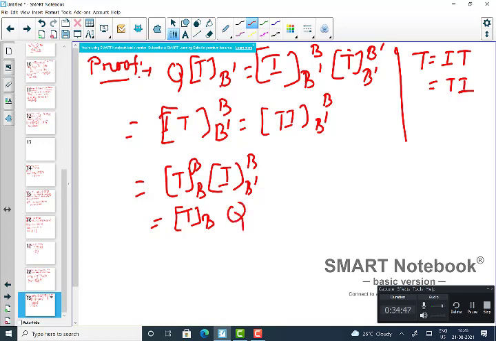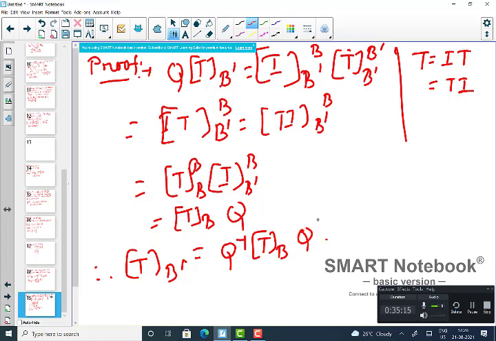Hence what I was trying to prove, T B dash, will be nothing but Q inverse T B Q. So this completes the proof of the relation between the matrix representations of the linear map with respect to two bases, linked by the change of basis matrix, the change of coordinate matrix.